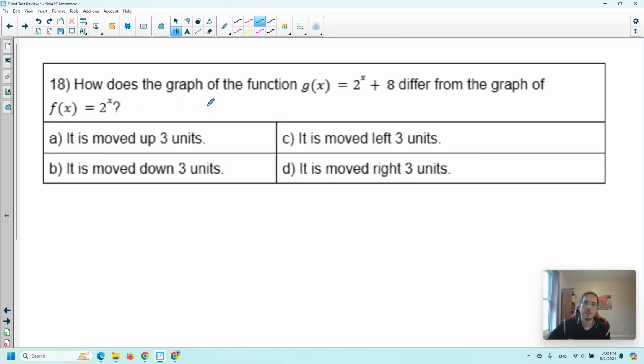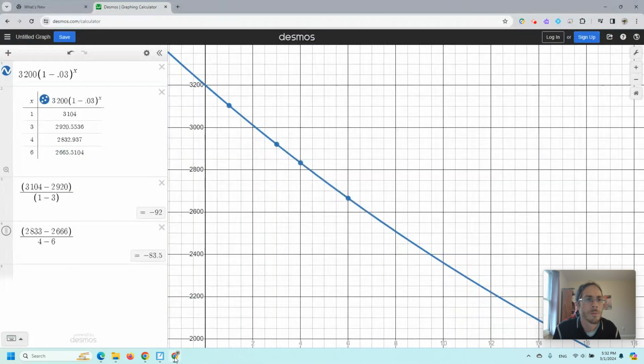For 18, how does 2 to the x plus 8 differ from 2 to the x? Well, we got the little 8 on the outside. 8 on the outside means, oh, these are not right. These all need to be 8s. So 8 on the outside means that we got to go up 8. So we're going up 8. So there we go. If we want to double check, we can just throw them in.